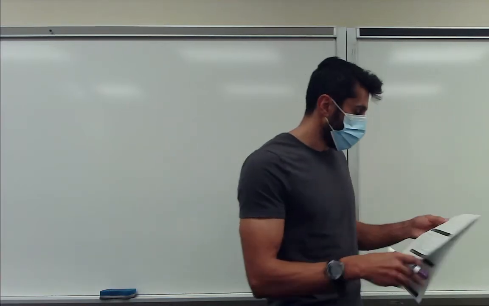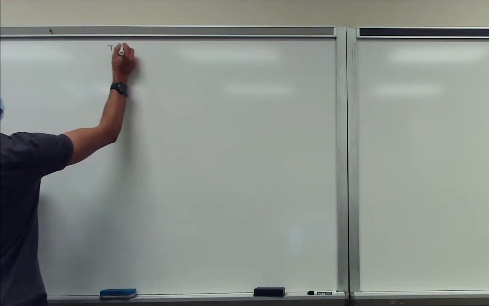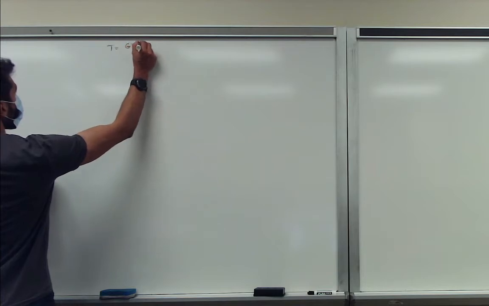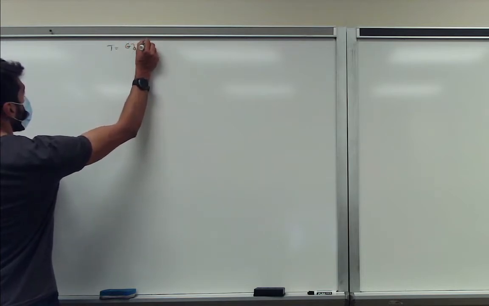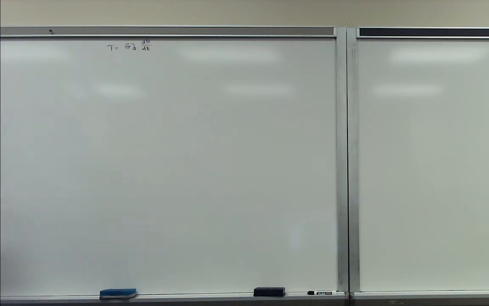So to define the rate of twist, you can do it in a couple of different ways. So we still have our T is equal to G times J times d theta dz. And so yeah, you can do it a couple of ways.